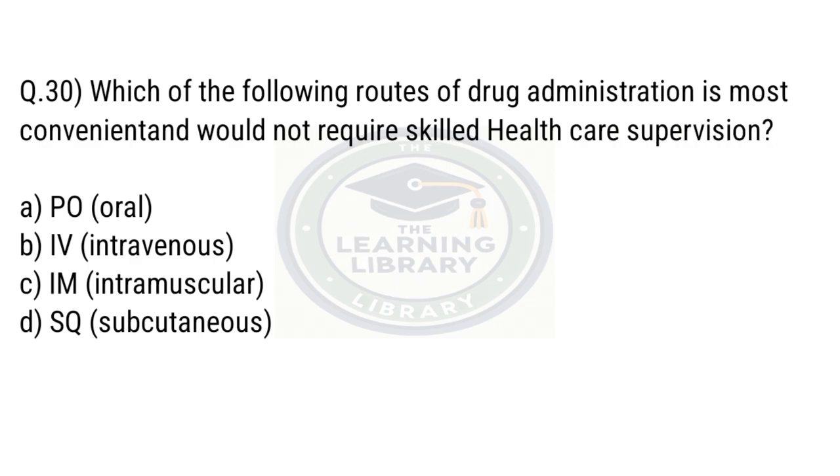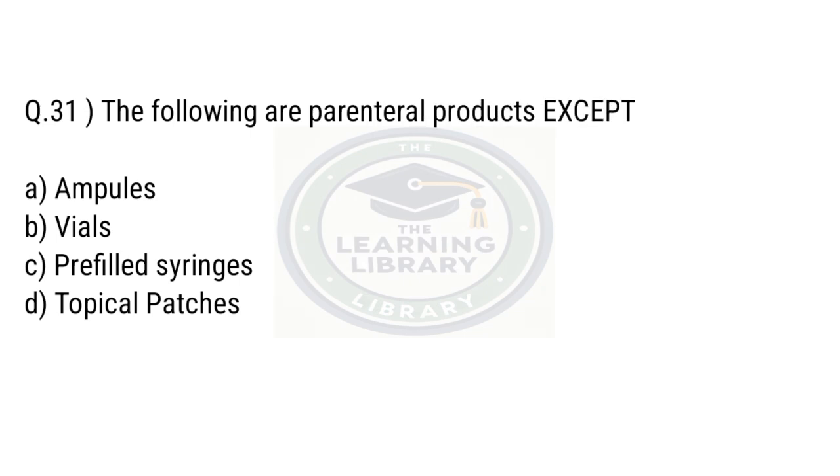Question number 30. Which of the following routes of drug administration is most convenient and would not require skilled healthcare supervision? The right answer is option A, PO, oral. Question number 31. The following are parenteral products except. The right answer is option D, topical patches.